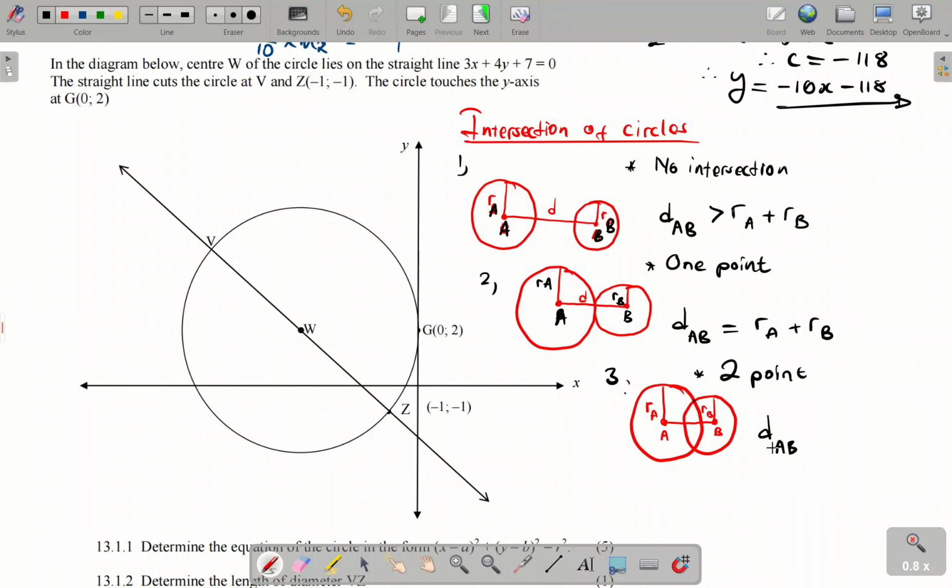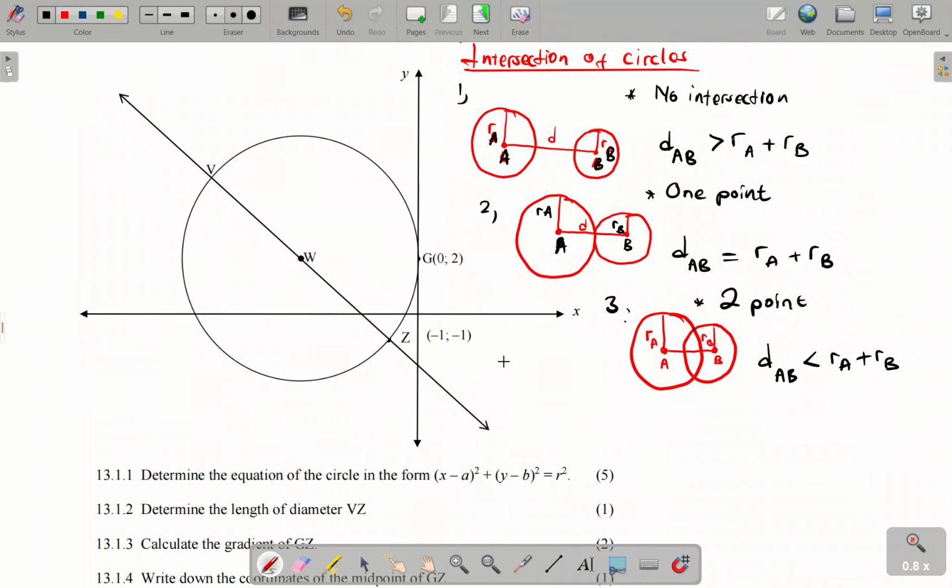So the distance between their centers is less than the sum of their radius, where RA is the bigger circle and RB is the smaller circle. So yeah, this is a small scope that you should have, guys. Use this, it will help you.